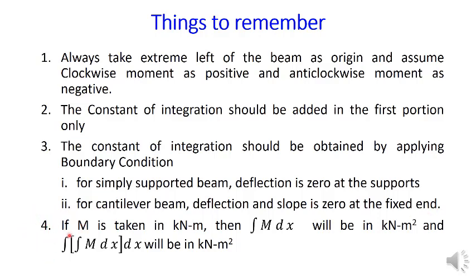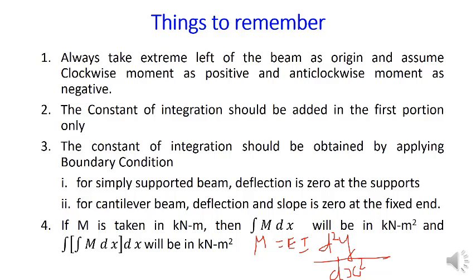Next point, fourth point. Here, the unit of moment is kilonewton meter. When you integrate this kilonewton meter, that is integrate M into dx, it will give kilonewton meter square. The unit for the slope: here M equal to EI into d square y divided by dx square.